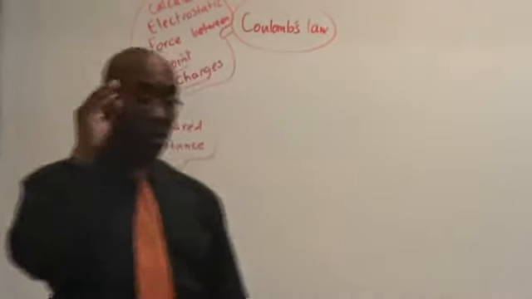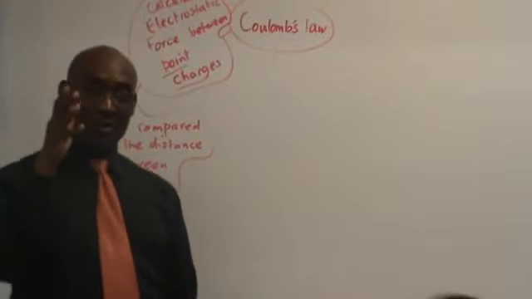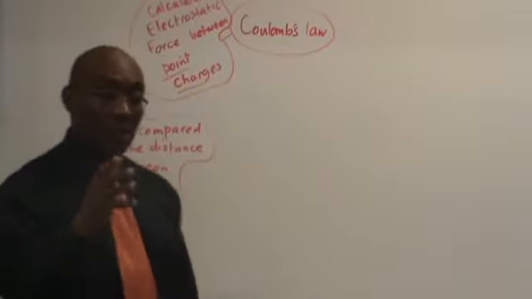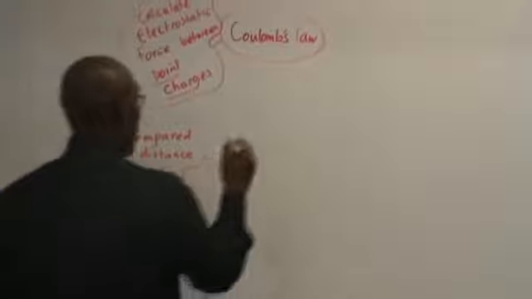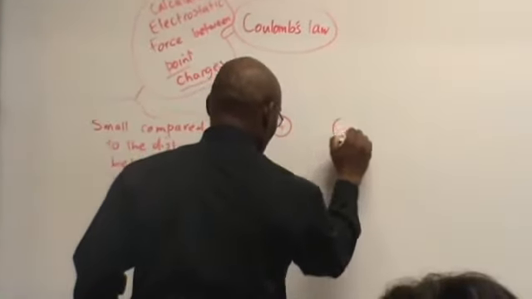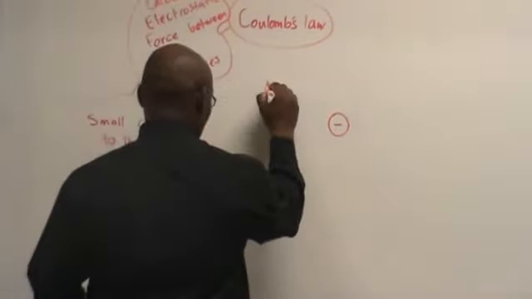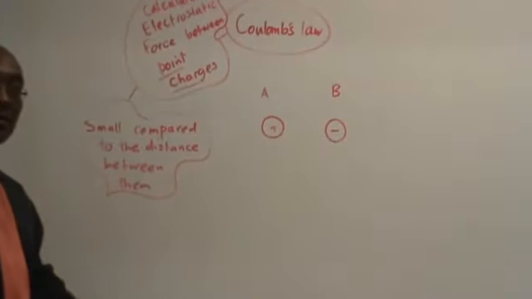Now you know that charges can be positive or negative, right? What happens when we bring a positive charge close to a negative charge? It attracts. You know that, right?